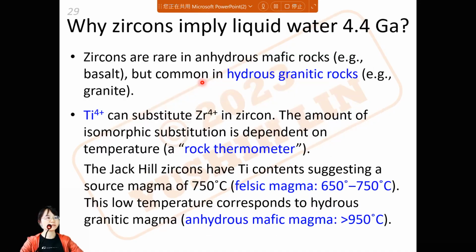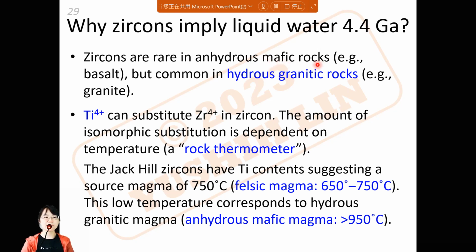And why do zircons imply liquid water 4.4 billion years ago? Because zircons are rare in anhydrous mafic rocks. So please recall the Bowen series. We talk about different volcanic magma. We have ultramafic rock and felsic rock.